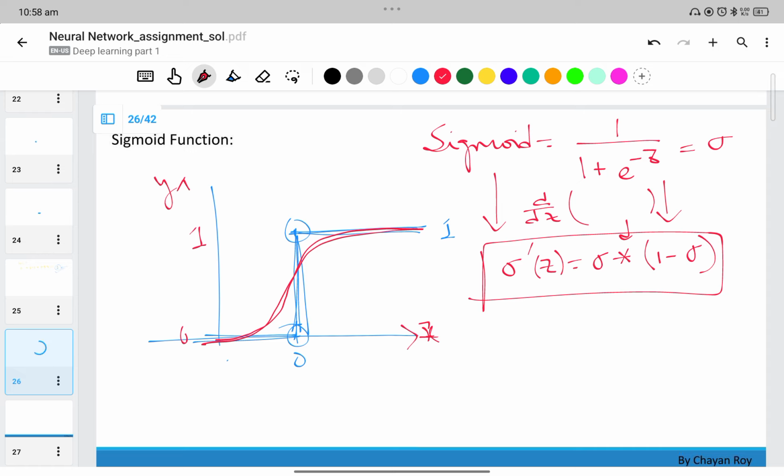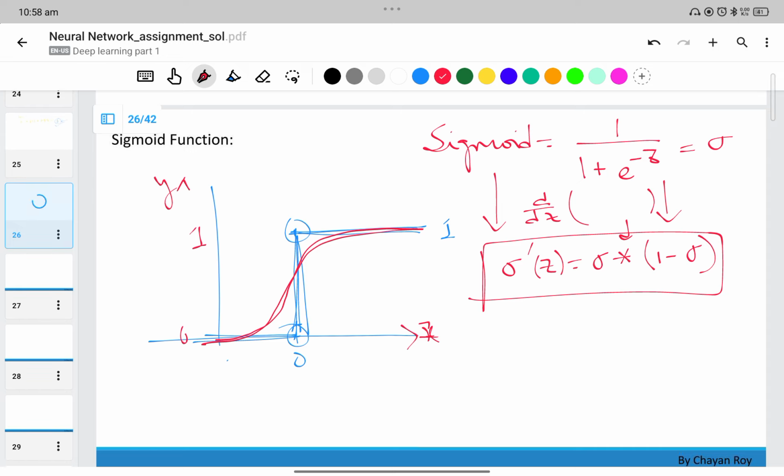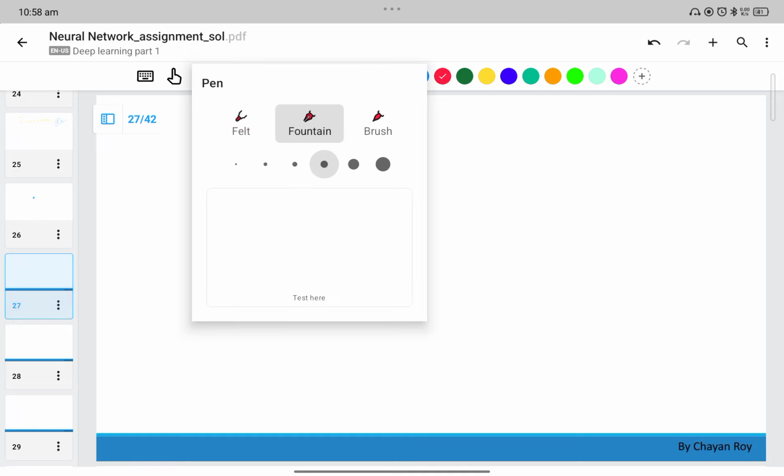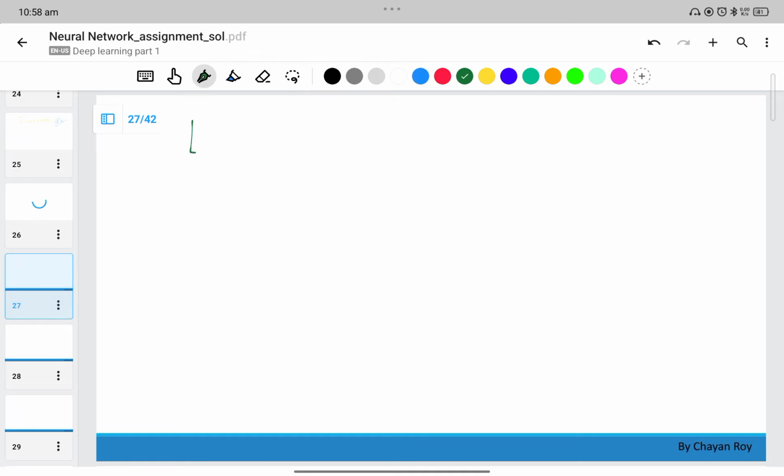So how can this function help us? Let's define that. How can we know that we are going in the right direction? We want to define a function called the loss function that will tell us how much we differ from the actual output that we are hoping for.